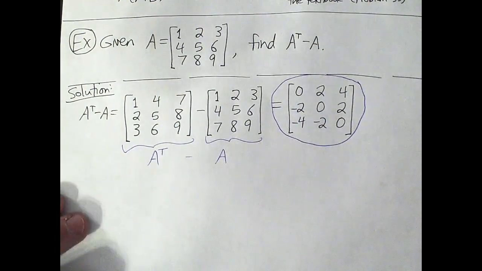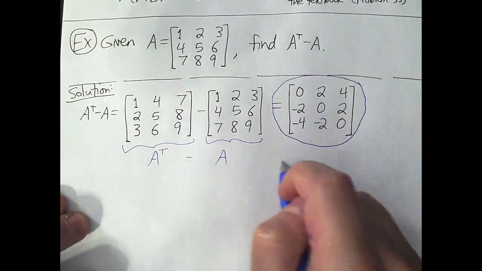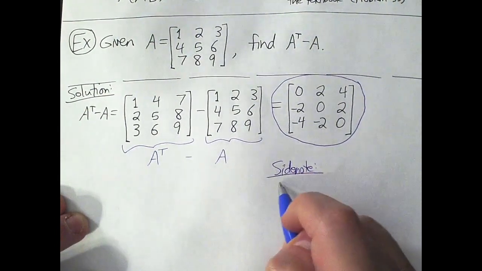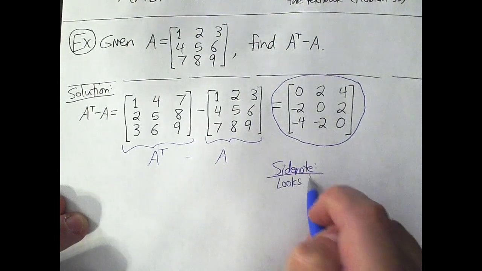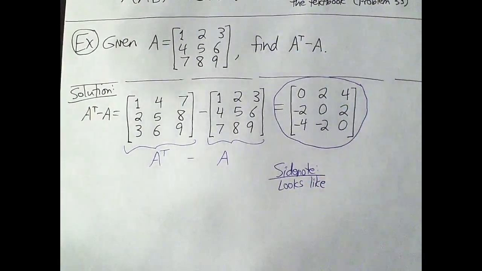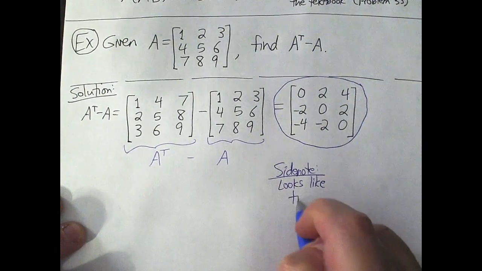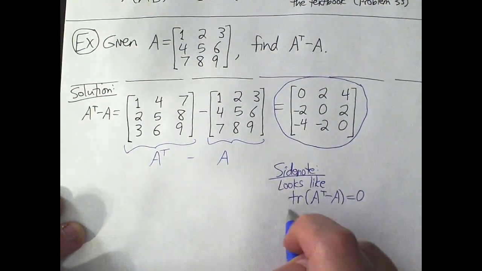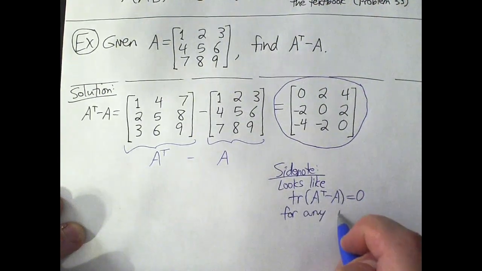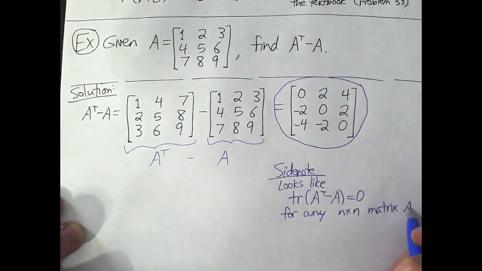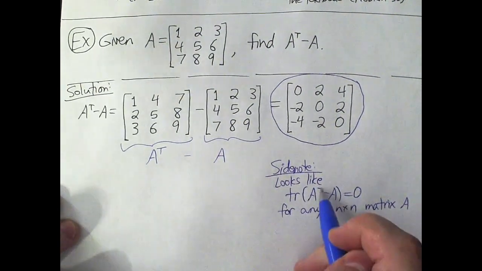I think we could say, as a side note, as a hypothesis, I notice that we got 0, 0, 0 as the diagonal, so it kind of looks like the trace of A transpose minus A is going to be 0 for any square matrix A. Maybe we could say that as a hypothesis and we could try to prove it.